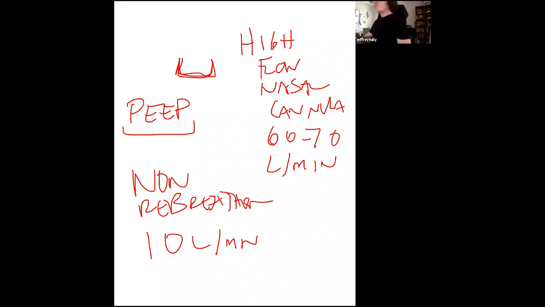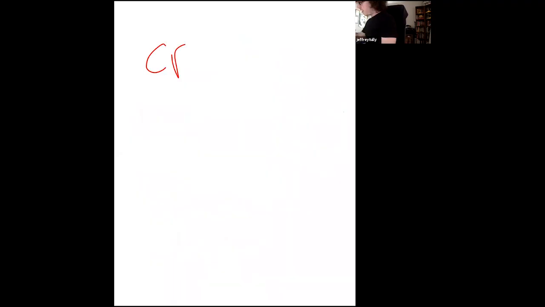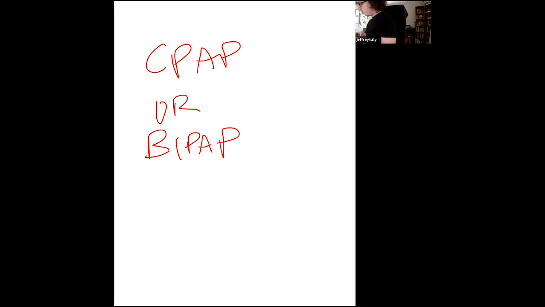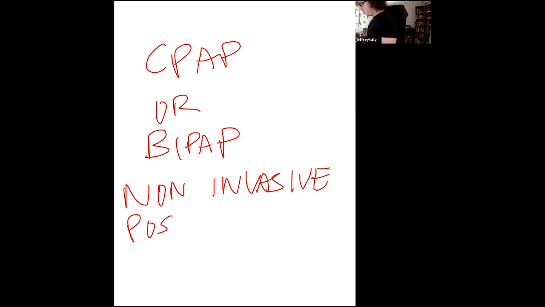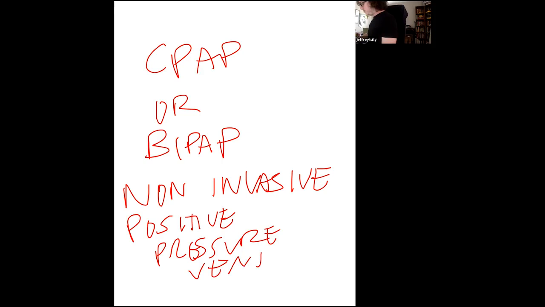You can then also put somebody on what we call CPAP or BiPAP. This is really an example of what we call non-invasive positive pressure ventilation.